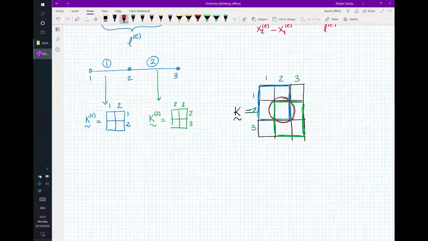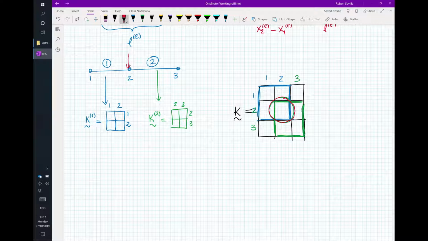Because there is a contribution from 2 elements on the same node. Exactly, because node number 2 has 2 elements on both sides, whereas nodes number 1 and 3 are on their own. They are the ends.